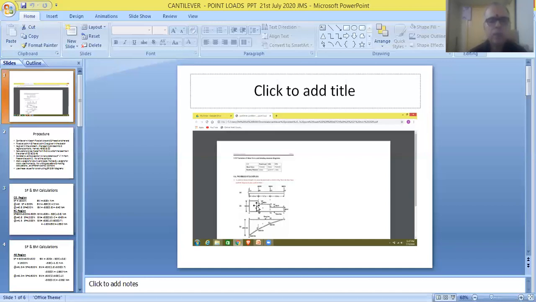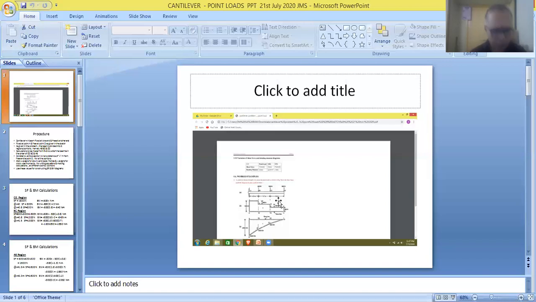Now friends, the total length is given. This distance is given as 0.5 meters, the second distance is given as 0.7 meters, and finally this distance is given as 0.8 meters.